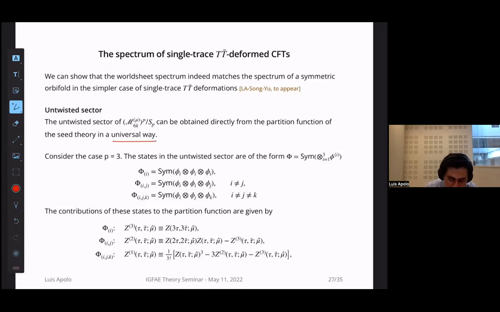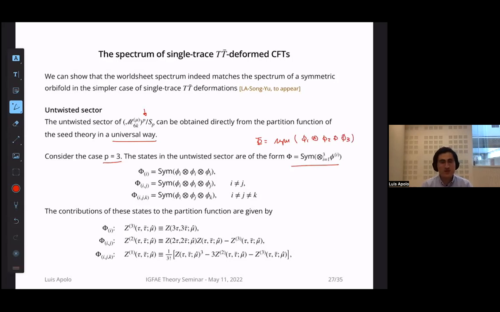This confused us a bit at the beginning, so I will just provide some intuition for it. Let me first consider the case where p equals 3. Remember, the symmetric orbifold has a factor of p here. It counts the number of copies you have. So the states in the untwisted sector are of this form, meaning that we symmetrize 3 fields coming from different copies of the symmetric orbifold.